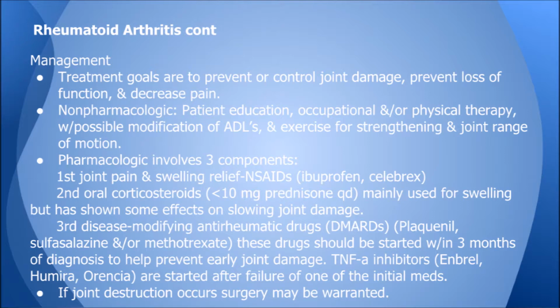And then there's another classification of drugs called disease-modifying anti-rheumatic drugs. These are the drugs that help stop or slow down the joint damage process. You want to start your patient on these particular drugs as early as possible to help stop the damage of the joint. These are either injectable or they are given intravenous at the doctor's office or at an infusion center.